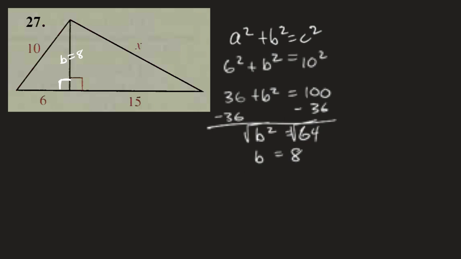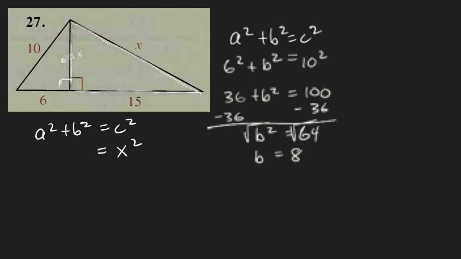So, all right. We have to use the Pythagorean theorem again for the middle sized triangle. And I'm going to use it for this triangle right here. So we have a squared plus b squared equals c squared. And c has to be x, because that's the hypotenuse.